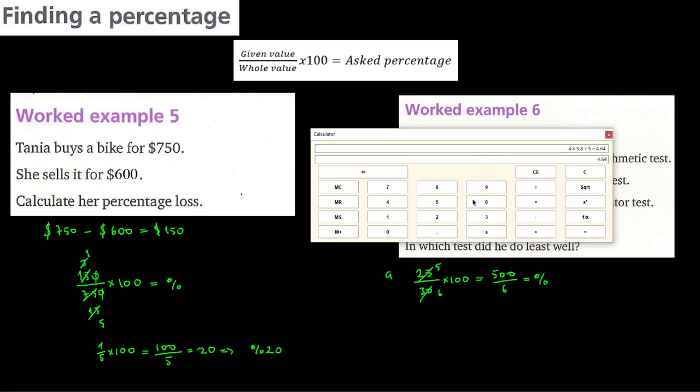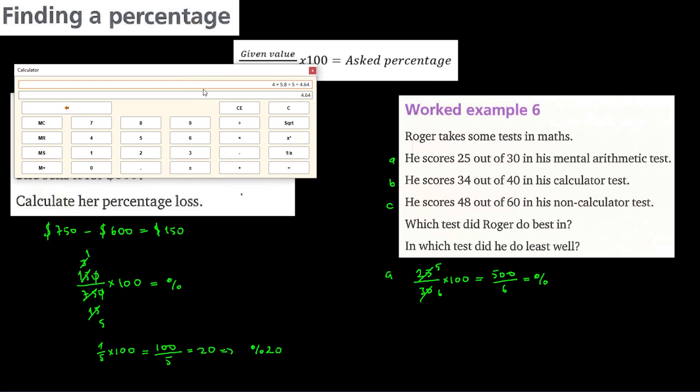Let me use the calculator here. 500 divided by 6 is equal to 83.33, so the percentage he got in the first one is 83%.